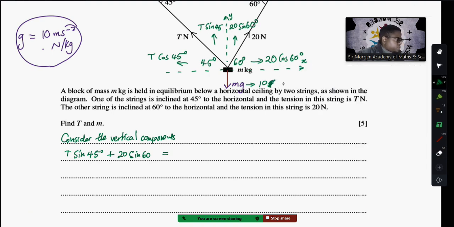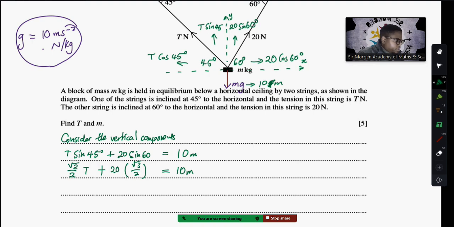Pardon me, this is supposed to be 10m. Sine 45 is root 2 over 2, so this is root 2 over 2 T plus 20 times root 3 over 2, equal to 10m. Just double check, sine 60 should be root 3 over 2. Yes, perfect.